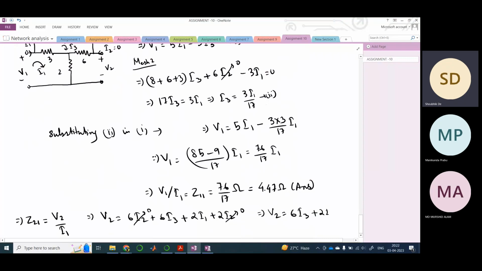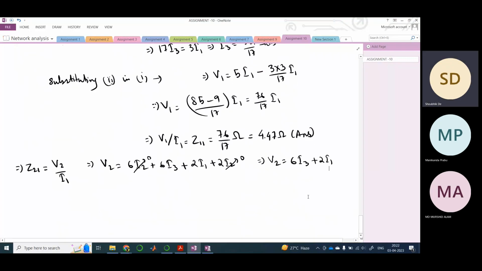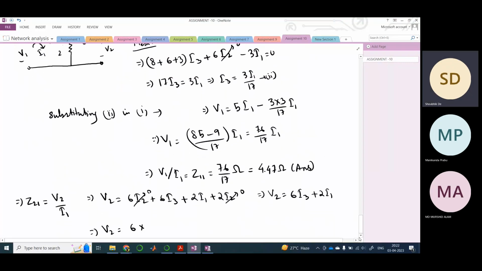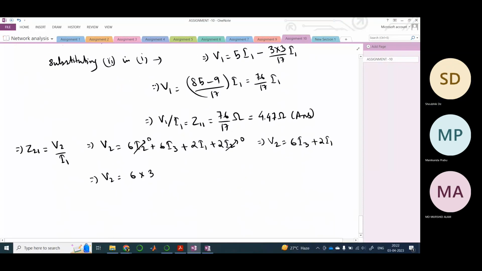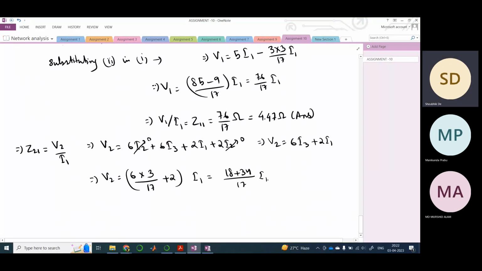6 I3 plus 2 I1. I3 we already found out. It is V2 equals 6 into 3I1 by 17, that's 3 by 17, plus 2I1. So this is 18 plus 34 by 17 I1.